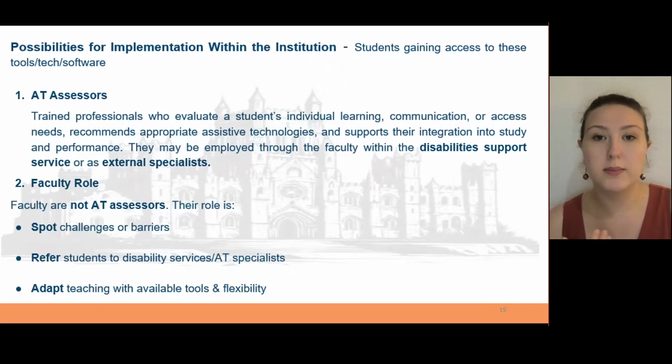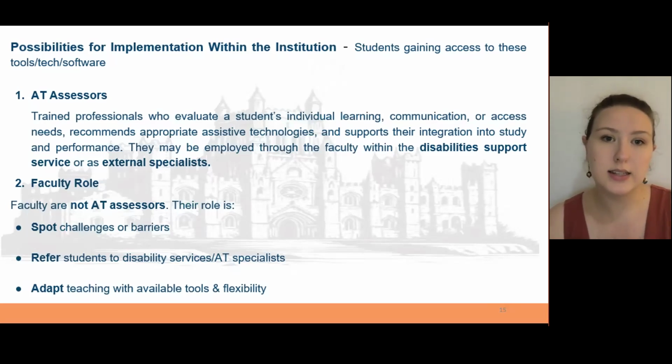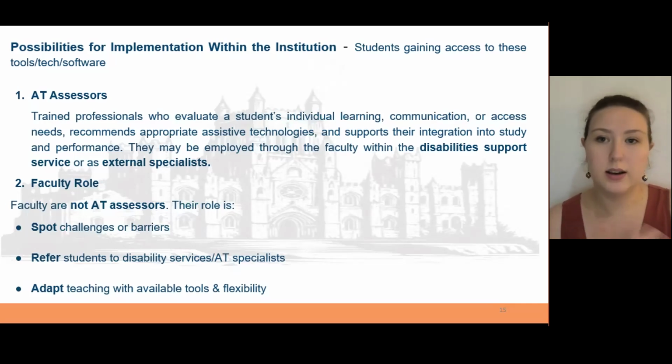Universities or institutions might typically have a disabilities department or disability support services with AT assessors who are trained professionals who evaluate a student's individual learning, communication, or access needs, and then they recommend appropriate AT, and also then help them to support the integration process into their study and performance and learning. They may be employed through the faculty within the Disability Support Service or even as external specialists.